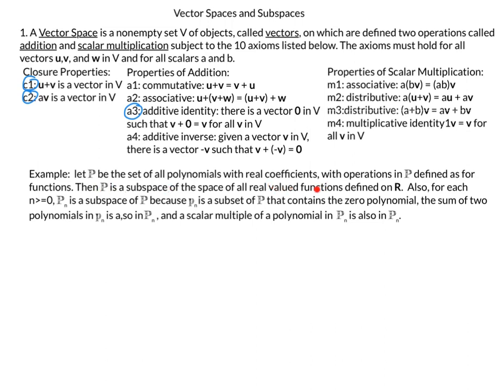And we also said the set of functions is also a vector space. Also, for each n greater than or equal to 0, Pn is a subspace of P, because Pn is a subset of P that contains the zero polynomial, and the sum of two polynomials is also in Pn, and the scalar multiple of a polynomial is also in Pn. So let's break that down just a little bit.